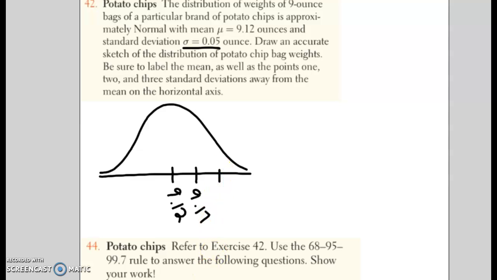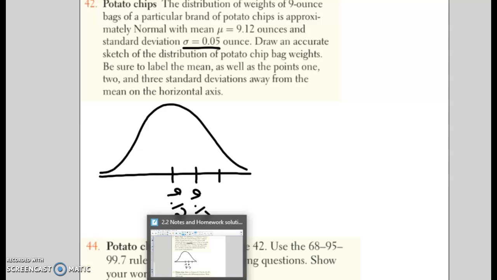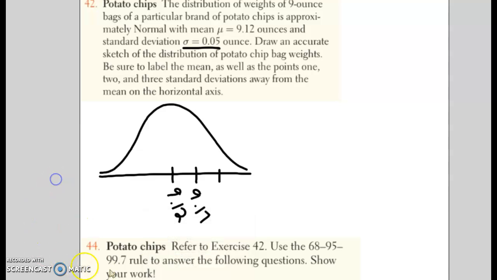2 standard deviations above the mean, I add another 0.05, and now I have 9.22. And then one more, 3 standard deviations above the mean, I add another 0.05 and I have 9.27. I do the same thing going the other way, subtracting the standard deviation from the mean. So 9.12 minus 0.05, 1 standard deviation below, takes me to 9.07.